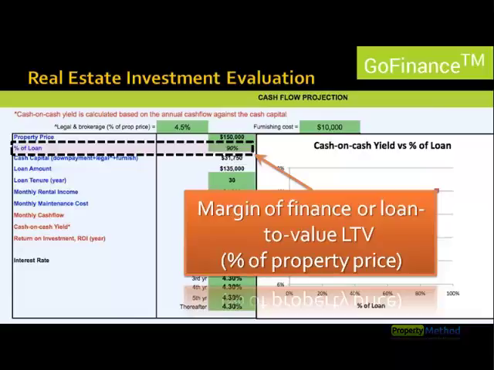In this case, let's say after we double check with several banks, we find out that most of the banks are willing to loan us up to 90% of the property price, since this is our very first investment property. So we just key 90% there.